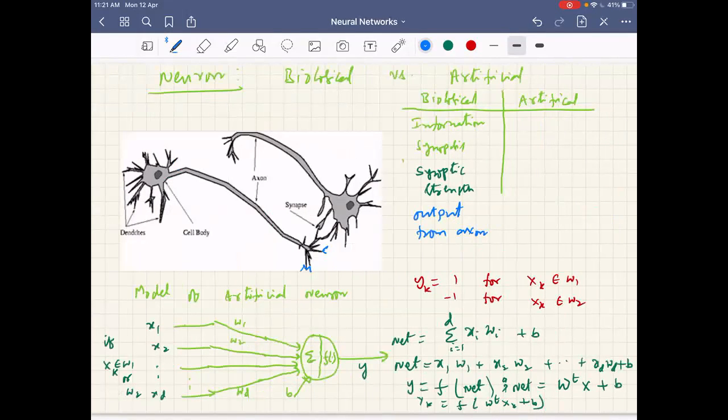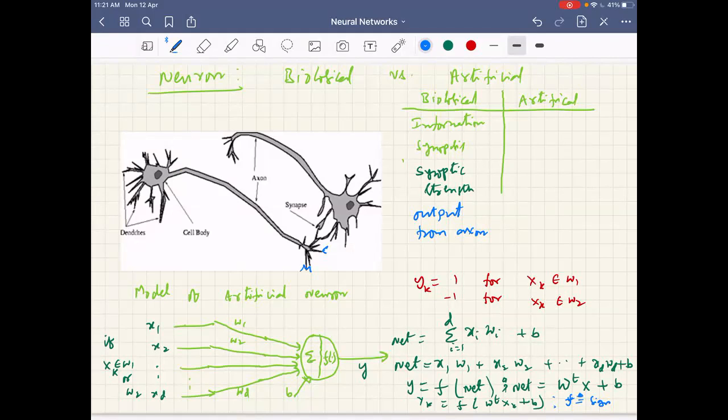So f is the sign function here. It's the same as the threshold function. Greater than 0, one class; less than 0, other class. Is it fine or not?